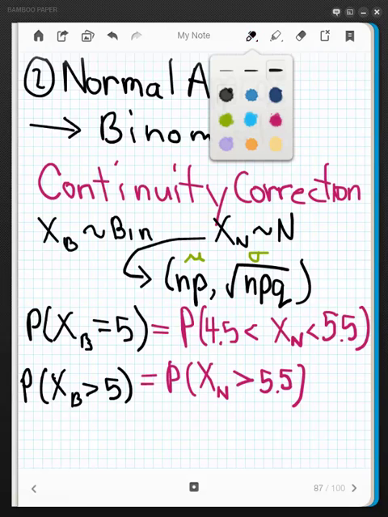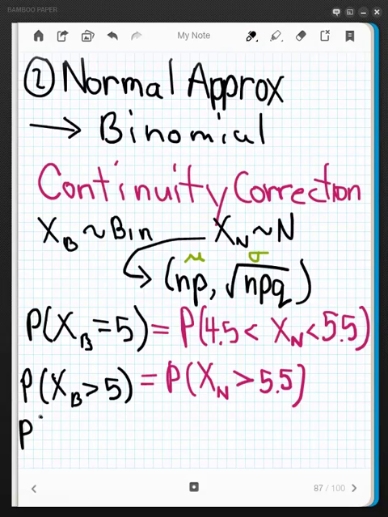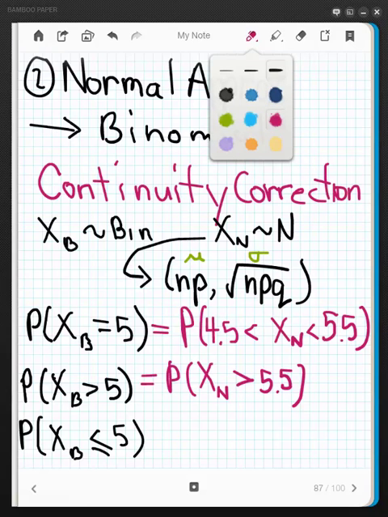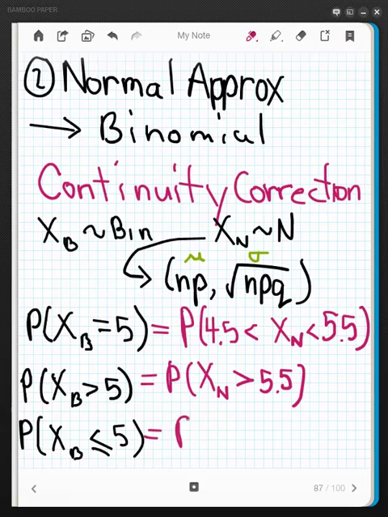And finally, if we were looking at the probability of a binomial random variable being less than or equal to 5, now we want to include that whole bar. So with a normal approximation, x being a normal random variable is going to be less than or equal to 5.5 as well. So what this does is it includes those edges of the entire bars that you see in a probability distribution function's histogram versus a smooth curve.